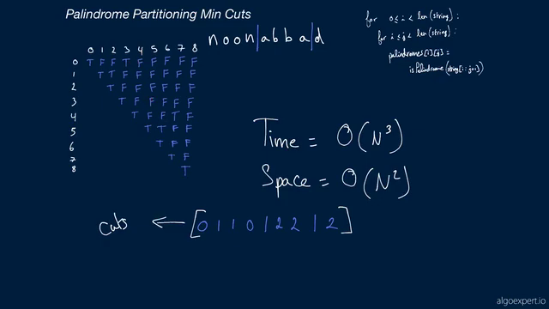But could we do better in time, right? Do we need to build this in n cube time? And the answer is no, we can do better. How can we do better? We know that we're going to have to iterate through n squared substrings, right? Because that's the number of substrings there are, or it converges to n squared.